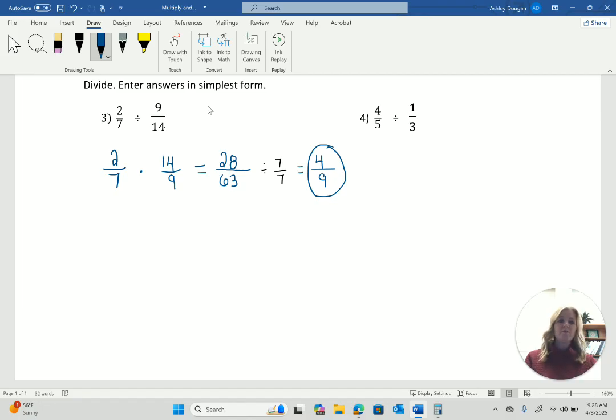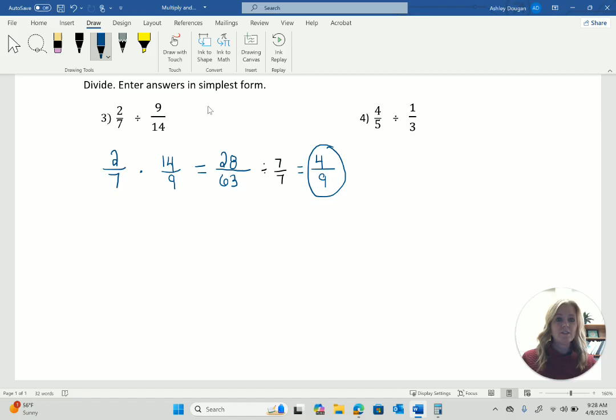Let's look at number 4. 4/5 divided by 1/3. I'm dividing. So if you're in my class, when you get to our fraction test, that's one thing I always tell students to do: look at your problem, pay attention to what operation you're doing, and then think about what steps go with that operation. So again, if this was multiplication, we would go straight across.